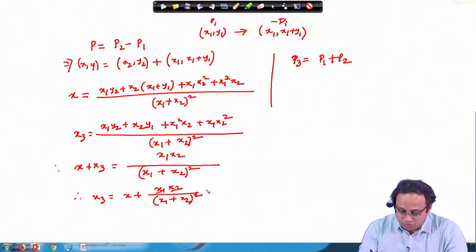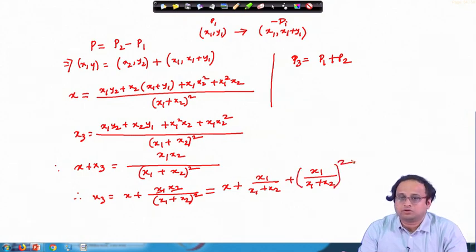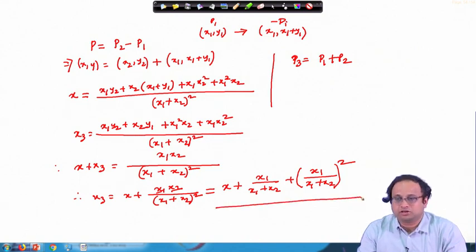One way of optimizing it further would be to write this as x plus x1 by x1 plus x2 plus x1 divided by x1 plus x2 whole square. If you do that, then you are doing one inversion and one multiplication with x1. But essentially it is the same computation that you are doing.